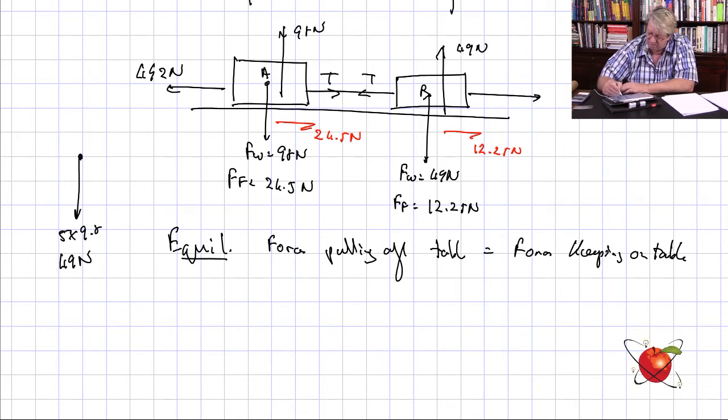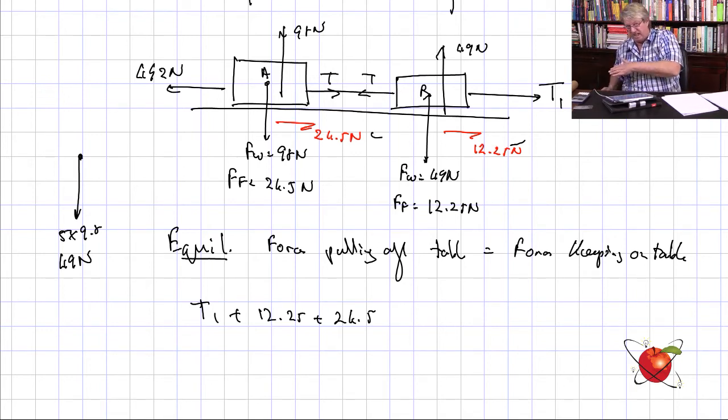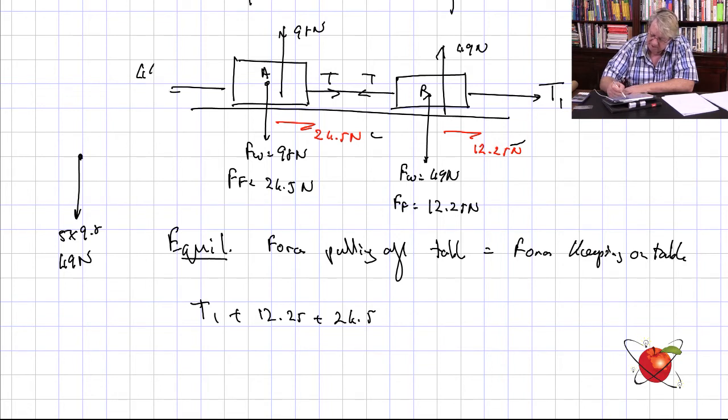So let's call this T1. Therefore T1 plus 12.25 plus 24.5. In other words, this one plus the friction that's acting the same way must be equal to 49 newtons acting that way.